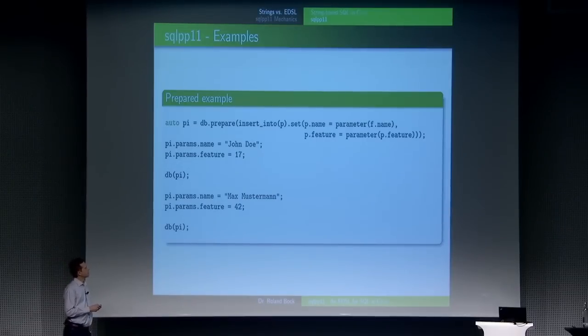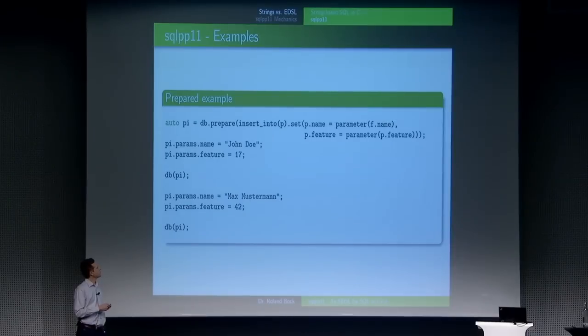We say, all right, we give this thing a name, in this case by just using a column called name, and a type. In this case, again, the type of this column. You could also provide name and type as two arguments, but in this case it fits just well.